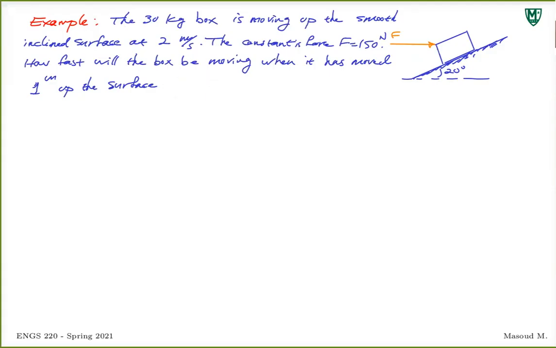It doesn't really change anything. And that 1 meter, they're talking about this. If I can make a straight line there, there you go. This is the 1 meter they're referring to.